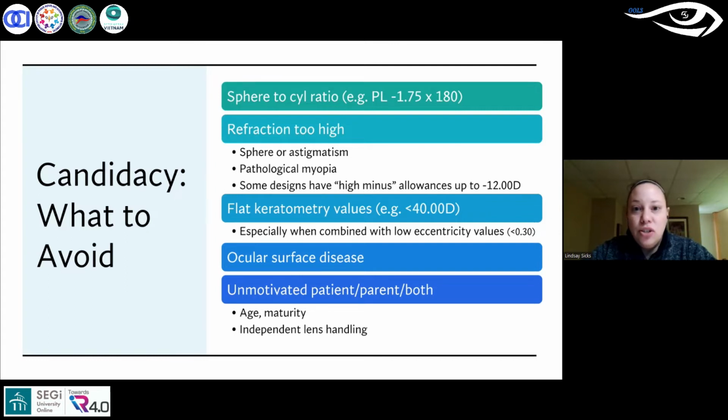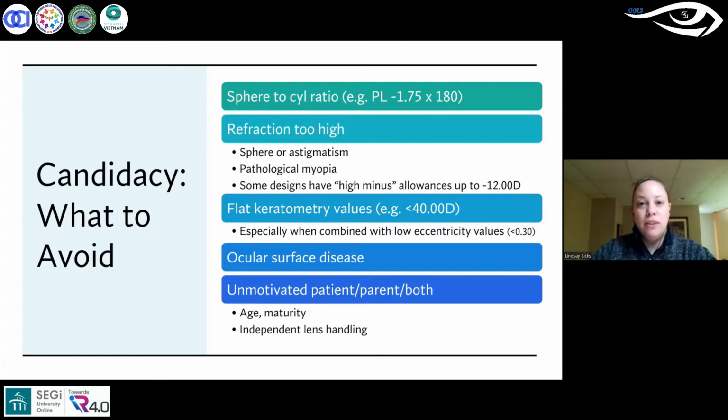If the refraction is too high, this would be a high level of sphere, high level of cylinder. I always just keep in the back of my mind, if I think this patient has degenerative myopia or pathological myopia, right? If they're coming in and they're 8 years old and they're already a -11, it's probably not something that I can fix with orthokeratology.